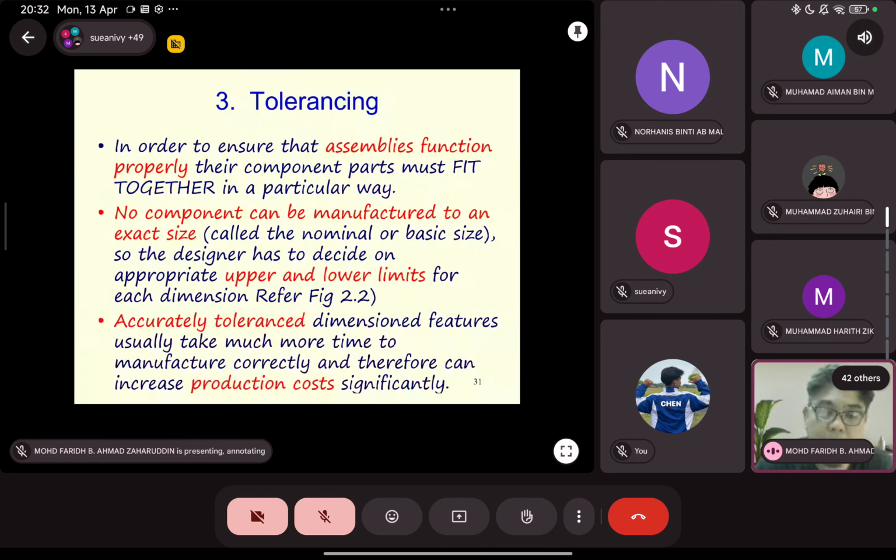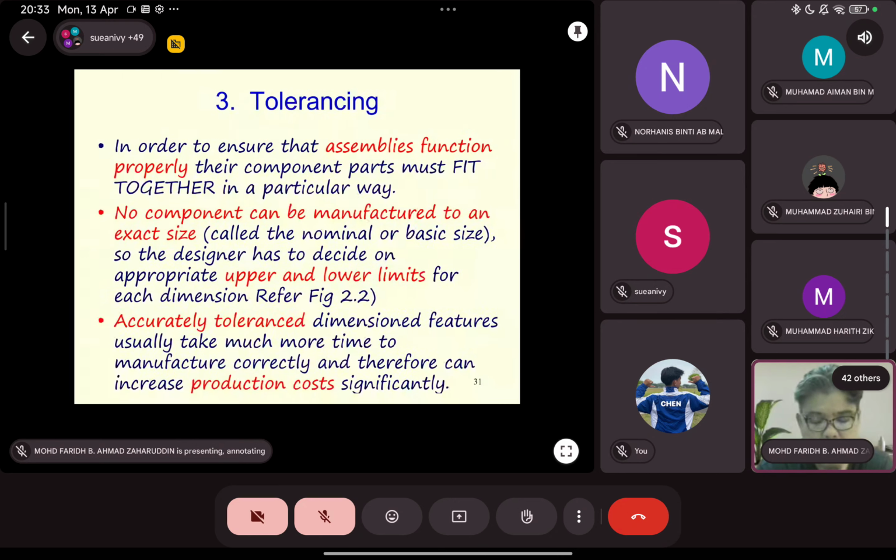And then second is selective assembly. In bahasa Malaysia is assembly pilihan. And the third one is interchangeable manufacture, which is the pembuatan boleh saling tukar.